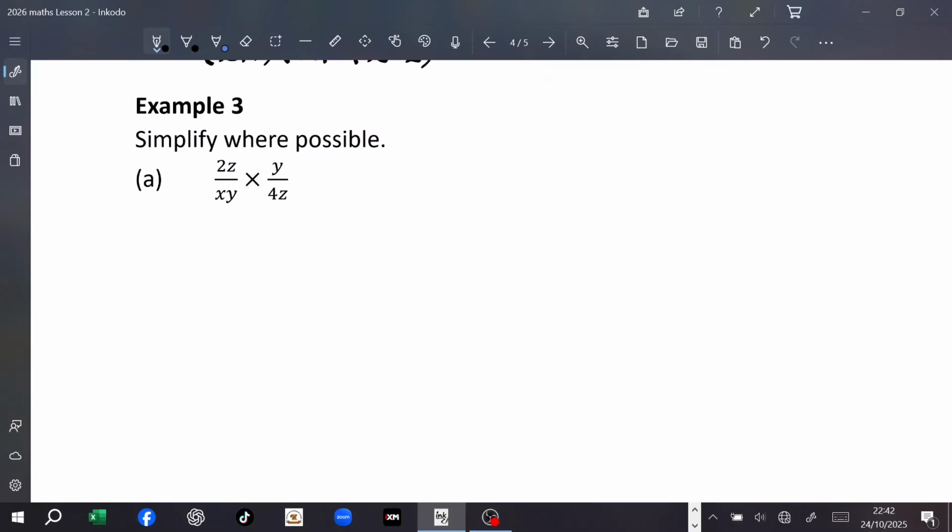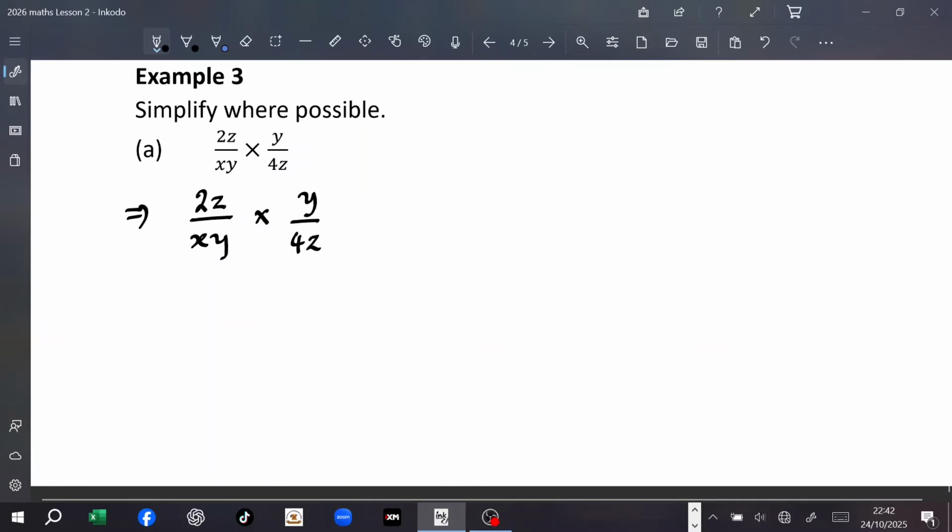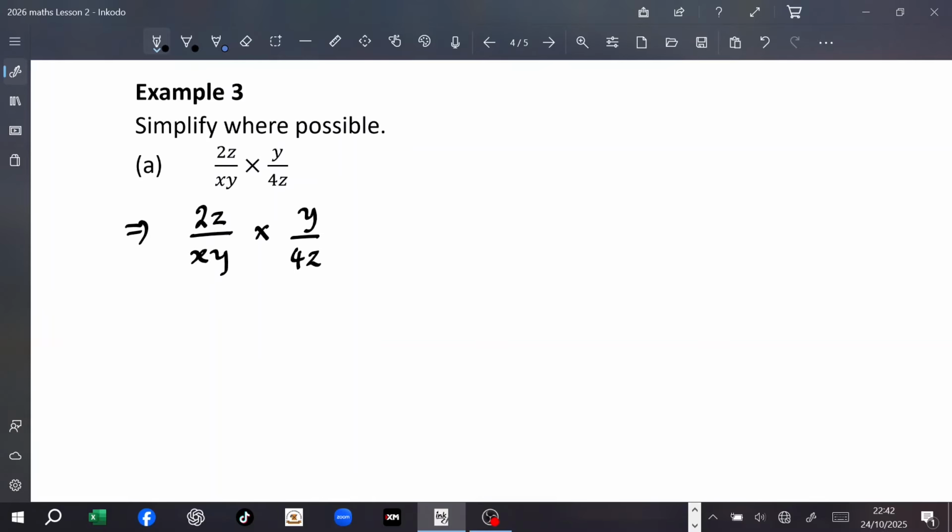Then we have this one, simplify where possible. This one, it has multiplication. So we have like 2z over xy times y over 4z. So since there's multiplication, these ones you don't need to look for a common denominator. So this one, it just means this.